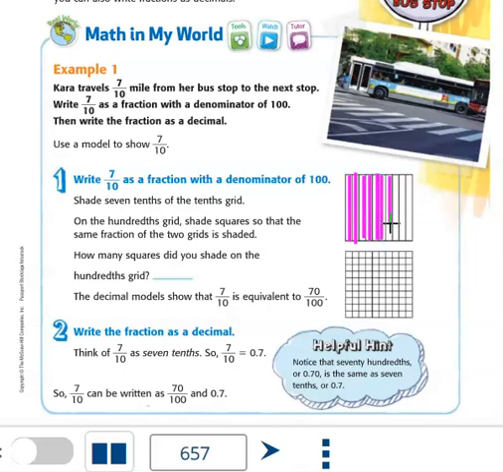I'm going to extend this line all the way down just to show that's how far it should go in this one as well, because we need to make them equal. And if I'm shading 7 columns, regardless of whether I'm doing bars or the full grid, you'll see that 7/10 is equivalent to 10, 20, 30, 40, 50, 60, 70 hundredths, which is what they're showing right here.